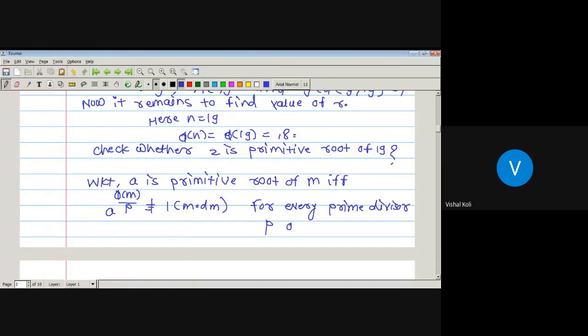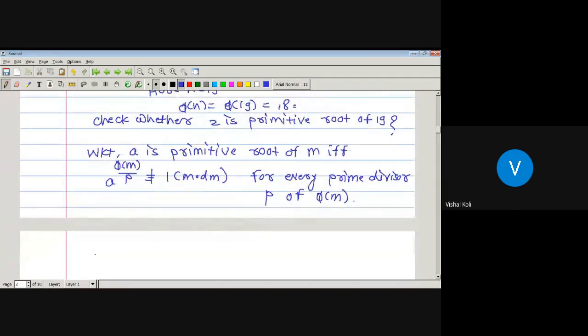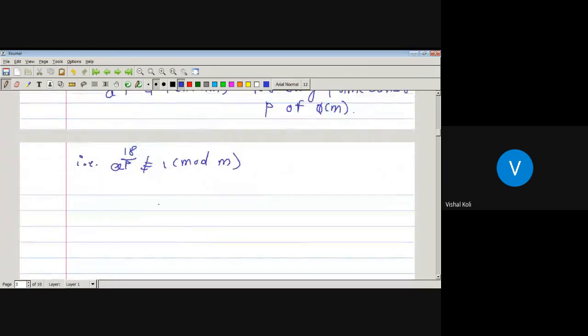Now here we have to check whether 2 is a primitive root of 19 or not. That is, a to the power phi of m, here m is 19, so 18 divided by p is not congruent to 1 modulo m for every prime divisor p of 18. As there are only 2 prime divisors, 2 and 3.